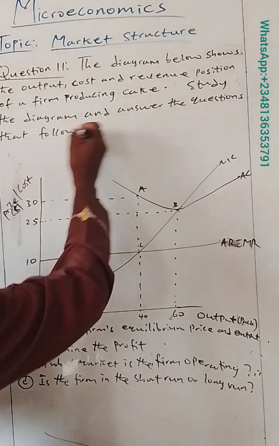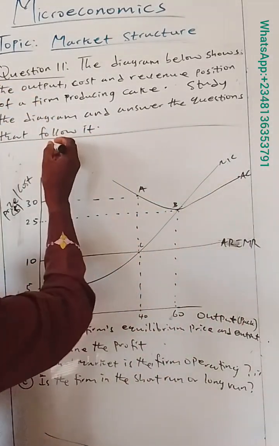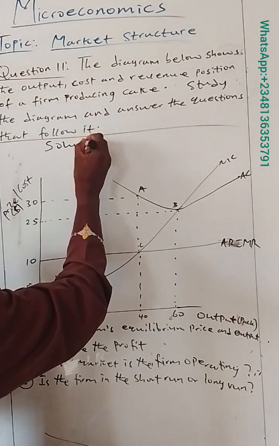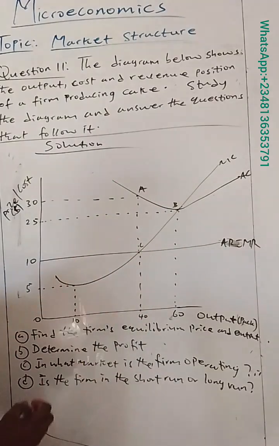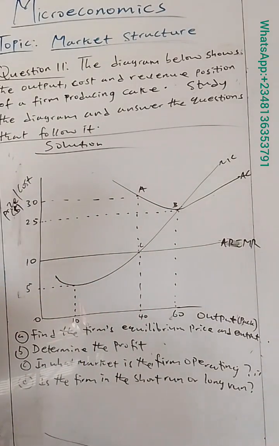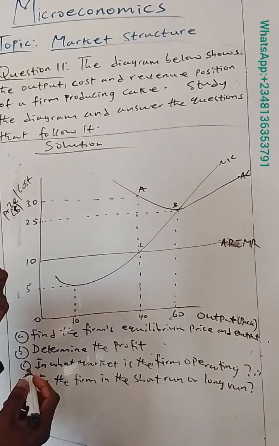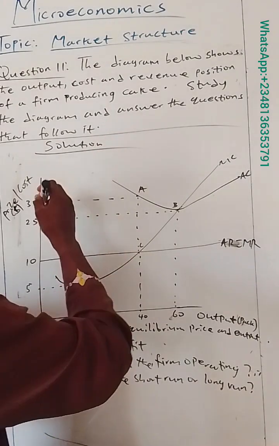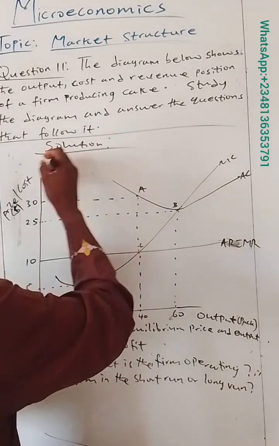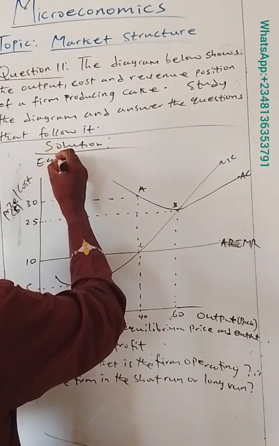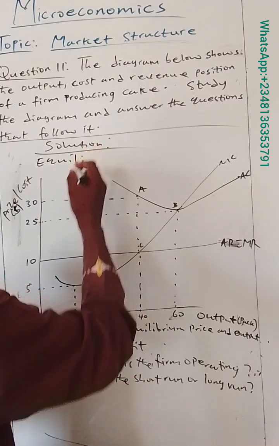So solution. The first question says we should find the firm's equilibrium price and quantity. Whenever you are asked a question like this, the first thing you are going to do is to recall the equilibrium condition. Okay, don't forget the equilibrium condition.